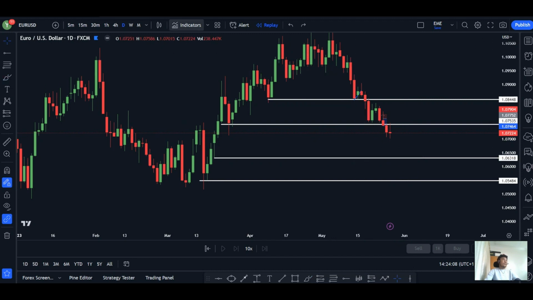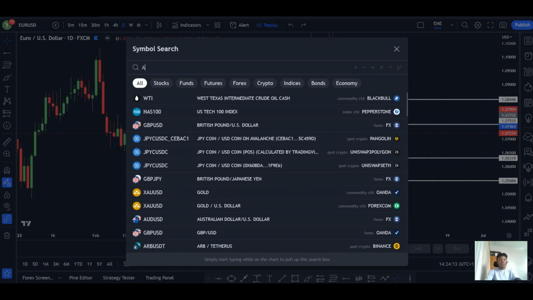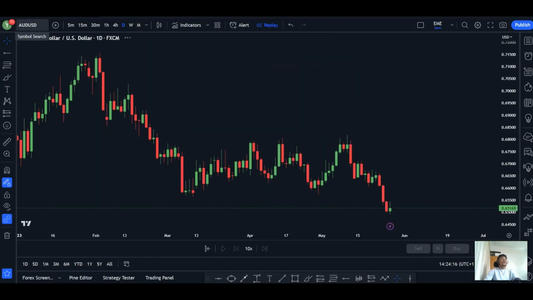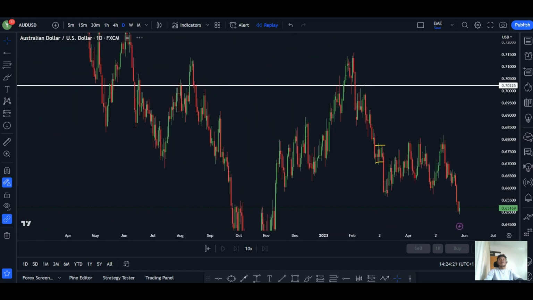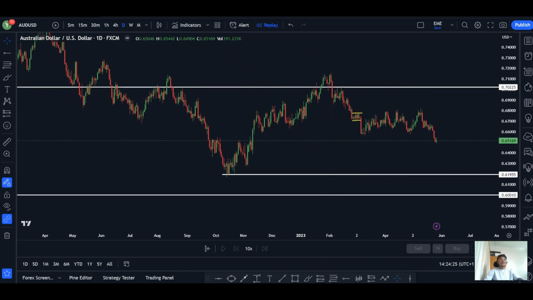Now, another more interesting trade setup that I want to share with you guys is AUD USD as well. AUD USD is also giving us a similar feel to Euro USD. AUD USD is currently trading around this level, and we are having price breaking out already from this long consolidation we had here.